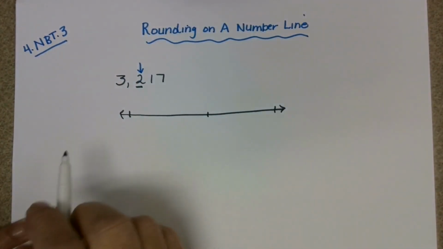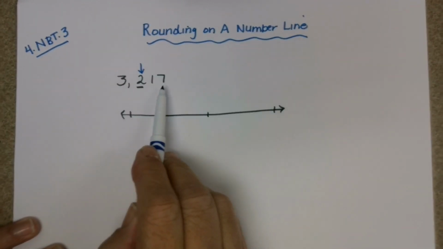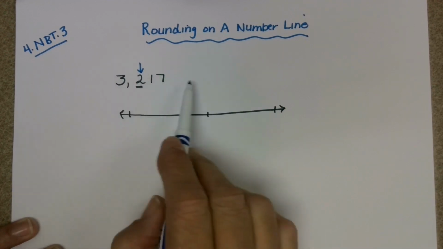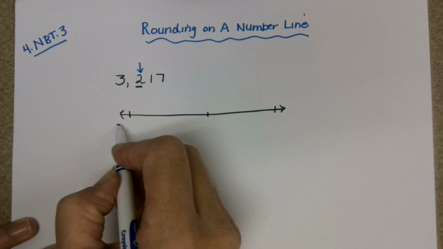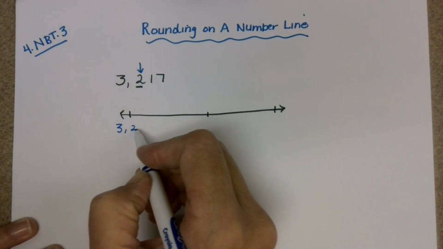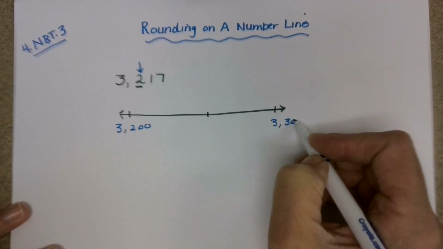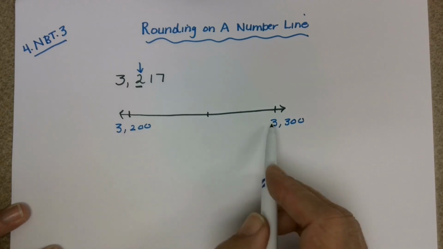Now, since I'm looking at the hundreds spot, that means anything to the left is going to stay the same. So I'm looking at 3,217, and I want to find the numbers that this falls between. So I know 3,217 is going to fall between 3,200 and 3,300. And the reason that we do that, anything to the left stays the same.